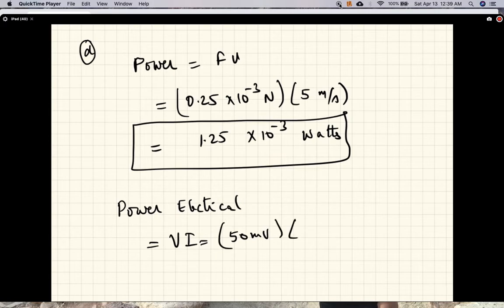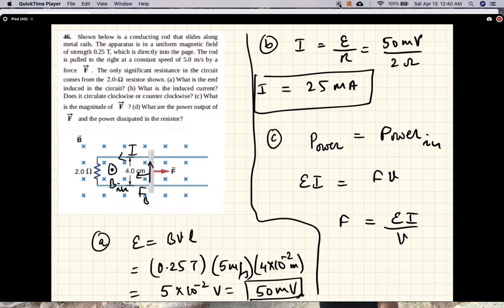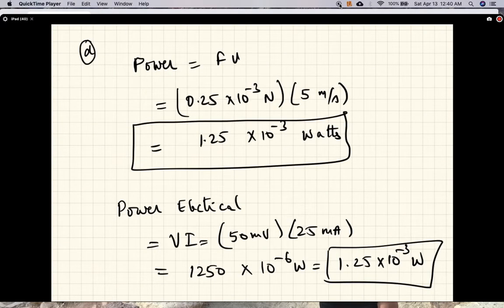Induced current is 25 milliamps, and 50 times 25 is 1250, so 1250 times 10 to the minus 6 watts, equal to 1.25 times 10 minus 3 watts. So as expected, power in is equal to power out. Okay, that takes care of this problem.